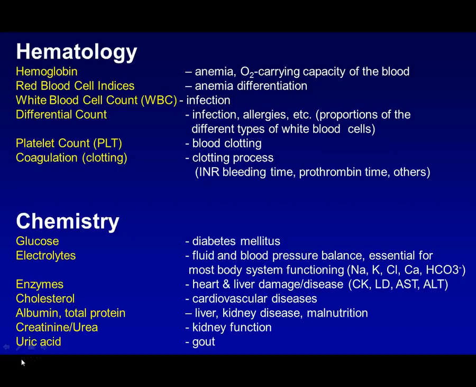Creatinine and urea are used to determine kidney function, and from the creatinine there's a calculation including age, etc., of the patient to calculate kidney function, which is depicted as the glomerular filtration rate. And the last one is uric acid, which is used as a marker for gout.